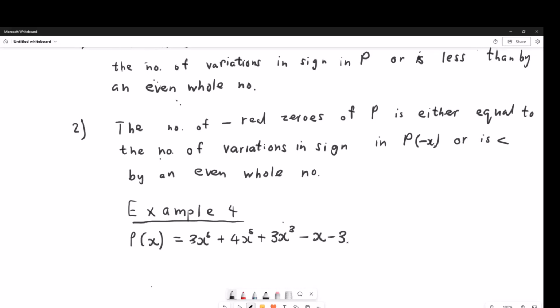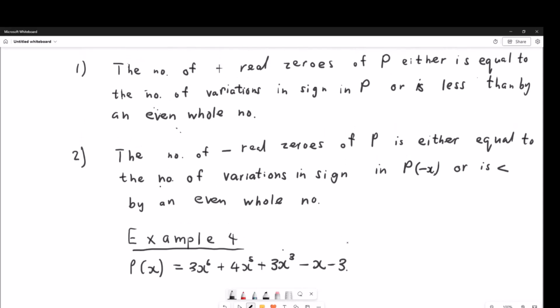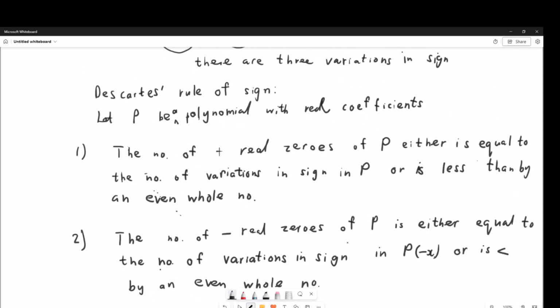So we have to use Descartes' rule of signs to determine the possible number of positive and negative real zeros of that polynomial, remember? So there's the rule. The number of positive real zeros of P either is equal to the number of variations in sign in P, or is less than that by an even whole number.